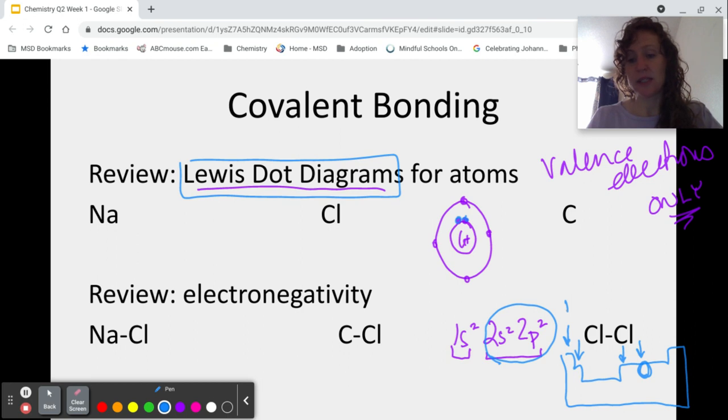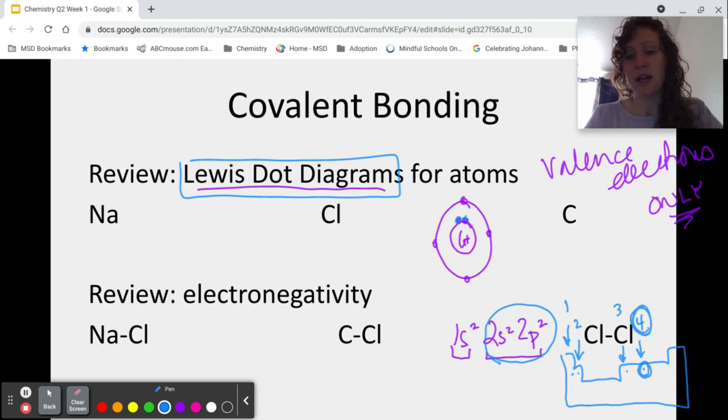The second family, the alkaline earth metals, has 2 valence electrons. The third family has 3, and the fourth family, which is the carbon family, they all have 4 valence electrons. And so we can just count over the families of the representative elements and figure out how many valence electrons an atom has. So carbon has 4 valence electrons.